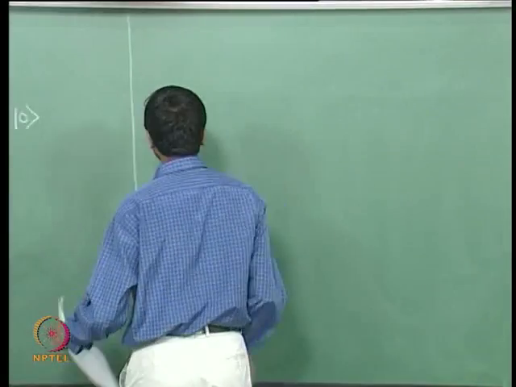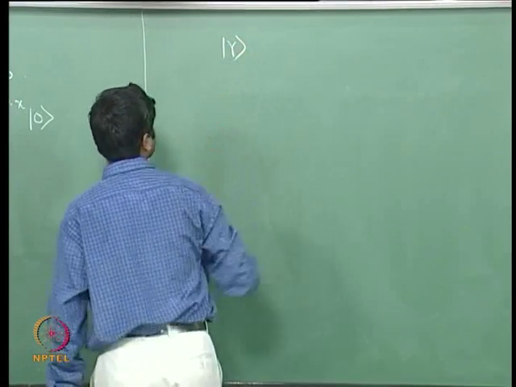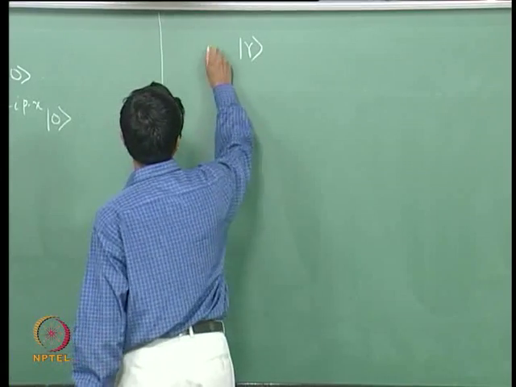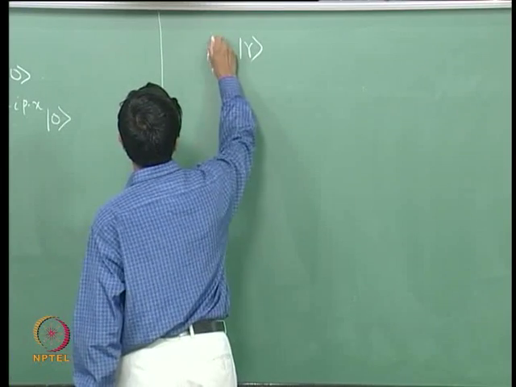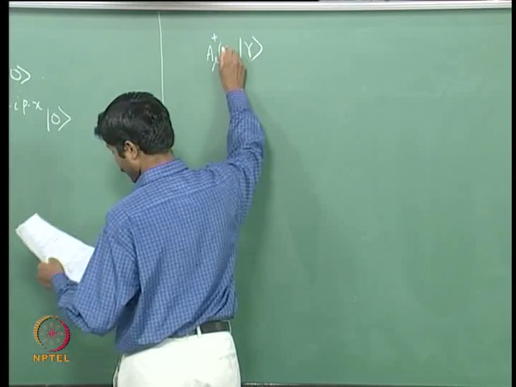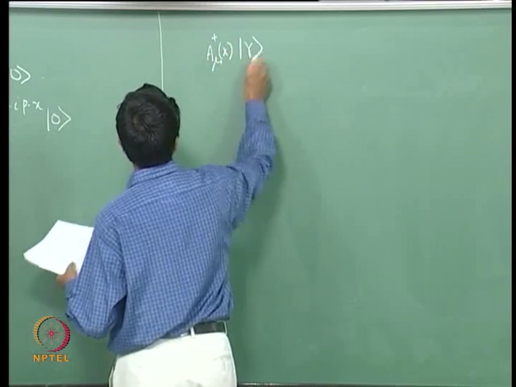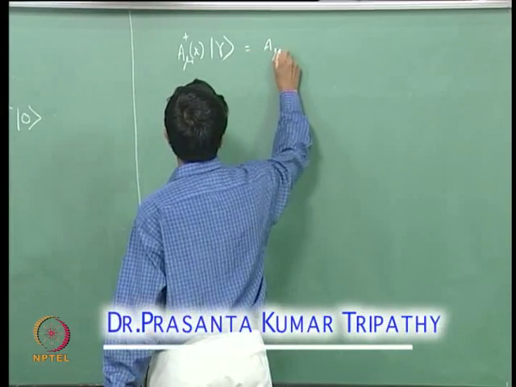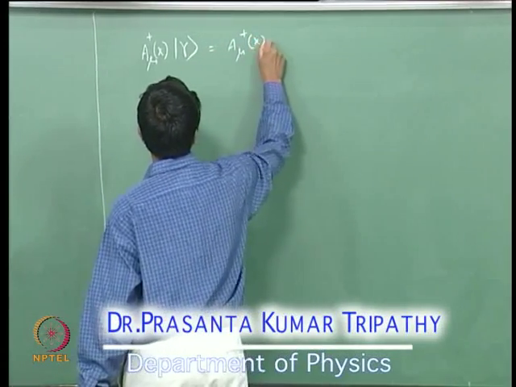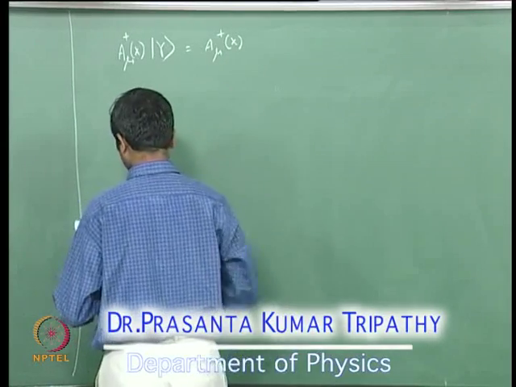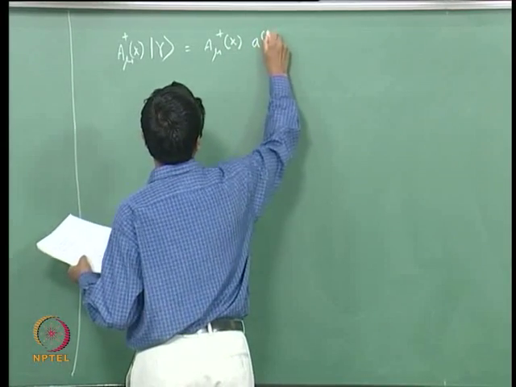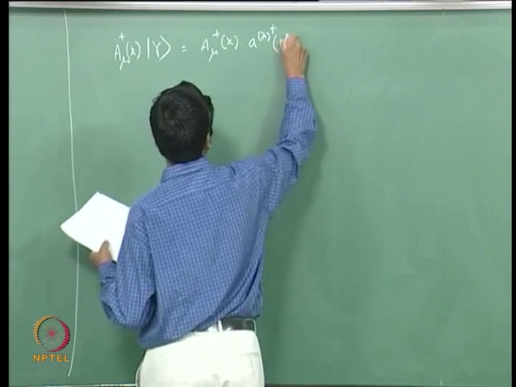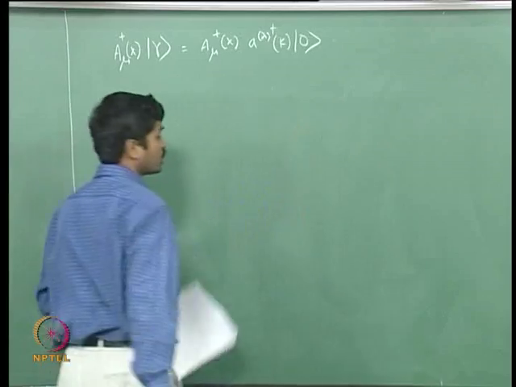So, let us say that you have a photon γ of polarization λ and momentum k, and you want to know what you get when you consider A_μ^+(x) acting on that. So, this is nothing but A_μ^+(x) acting on a_λ†(k) acting on the ground state.